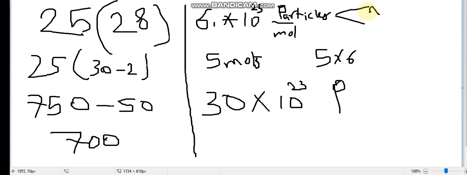Sorry, my pen is making me face some bad time in writing. Atoms or molecules. So these are the particles.